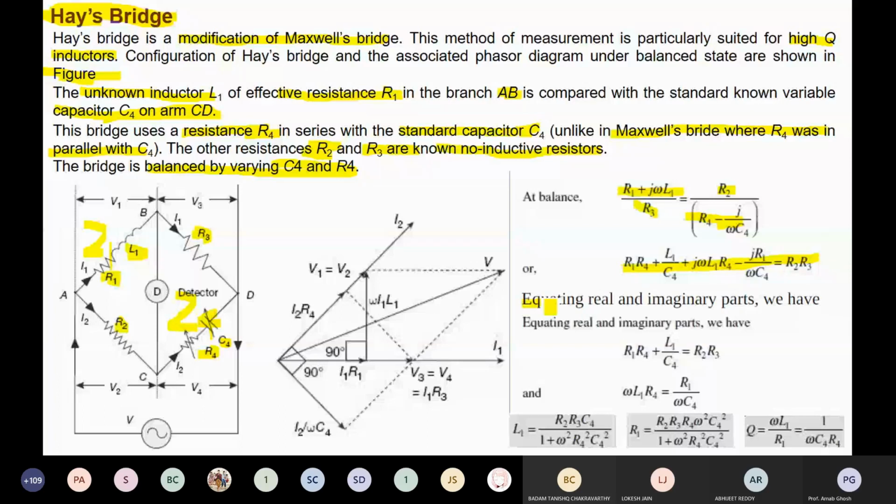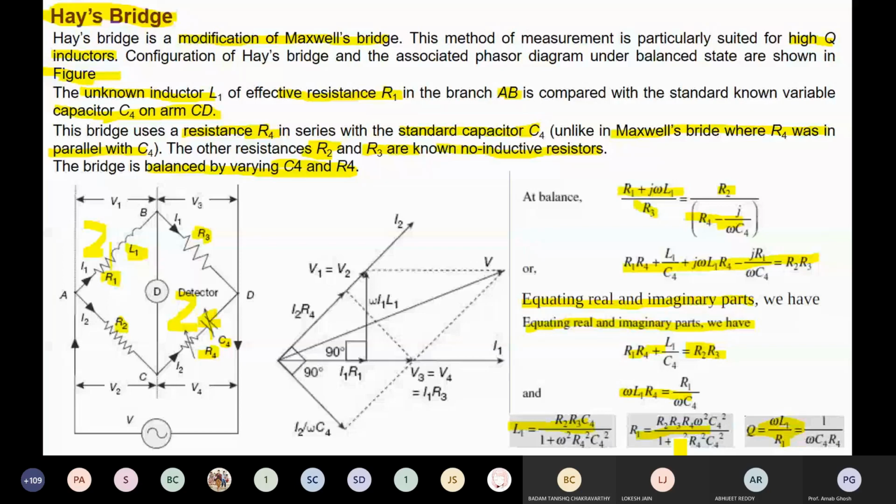Now you need to draw the phasor diagram. In all cases you should take one variable as your reference. We are considering I1 as the reference, so we make I1 along the x-axis.